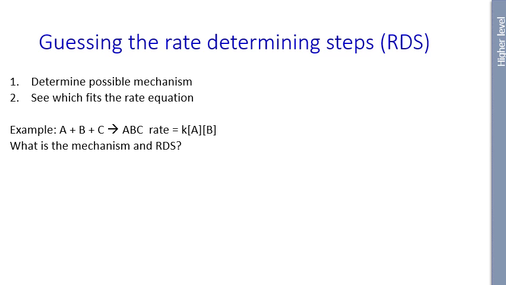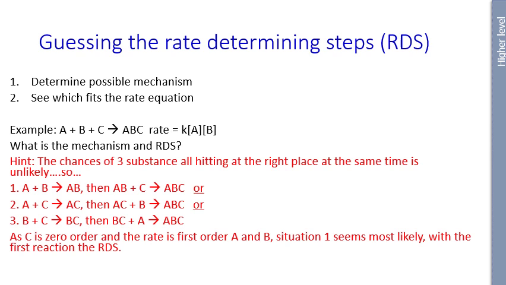So in terms of guessing the rate determining step, determine a possible mechanism and see which fits the rate equation. For example, A plus B plus C gives ABC. What is the mechanism in the rate determining step? Well, the chances of three substances all hitting in the right place at the same time is unlikely.